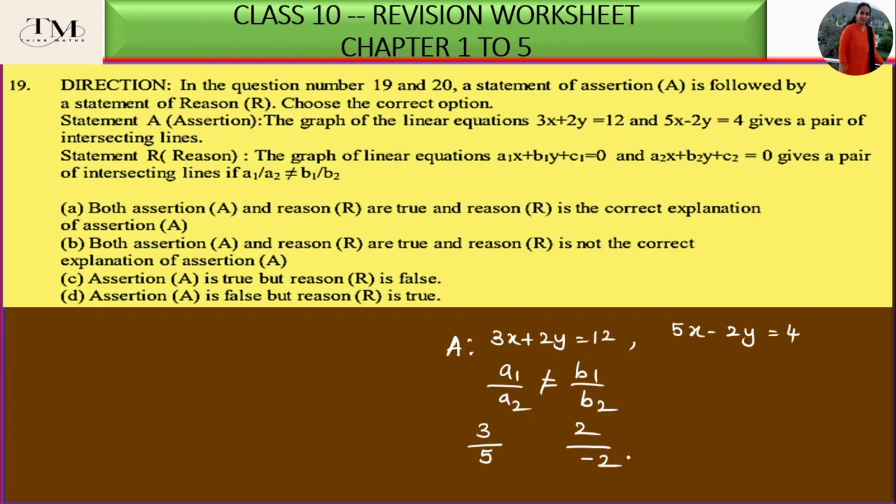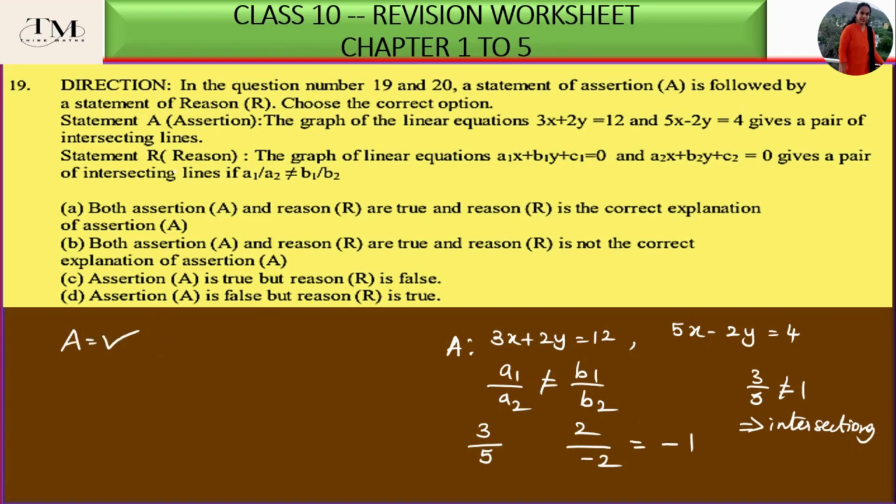What is 2 divided by minus 2? It is minus 1. So 3 by 5 is not equal to minus 1. So this means they are intersecting. If a1 by a2 is not equal to b1 by b2, then they are intersecting lines. So it means A is correct.